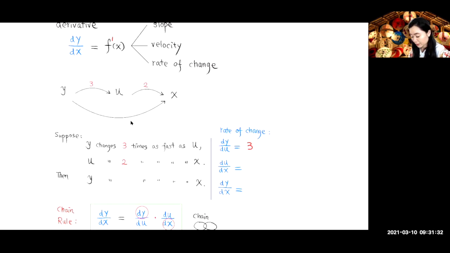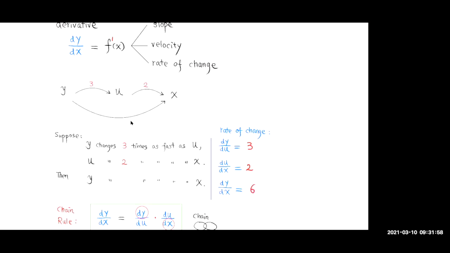Now, from here, can you tell me y changes how many times as fast as x? 6, right? So the rate of change of y with respect to x here will be 6.